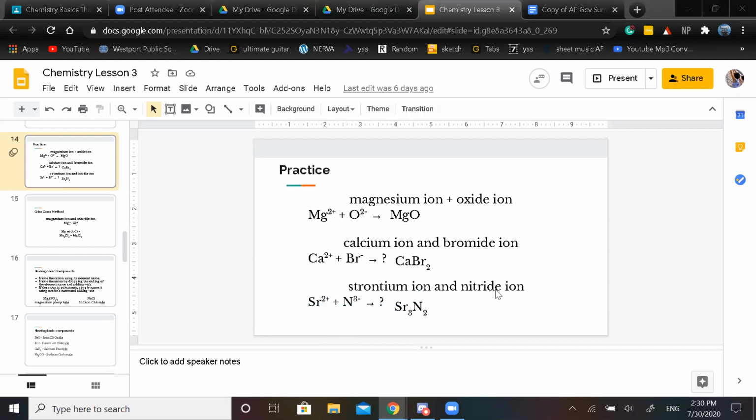So right now your ratio is 2 plus to 3 minus, and you want to get to 6 plus to 6 minus. And in order to do that, you need to multiply by 3 on this side and multiply by 2 on this side. Does that help? Okay, cool.